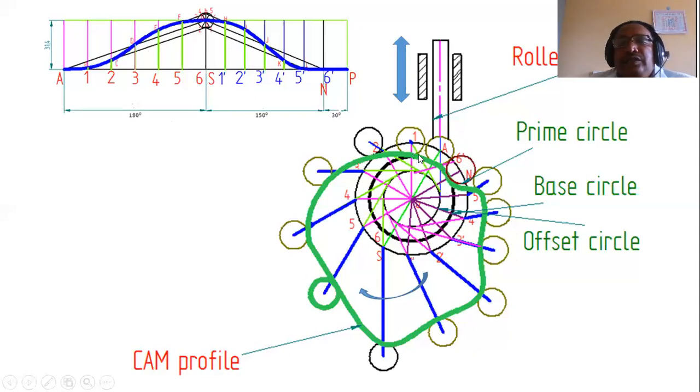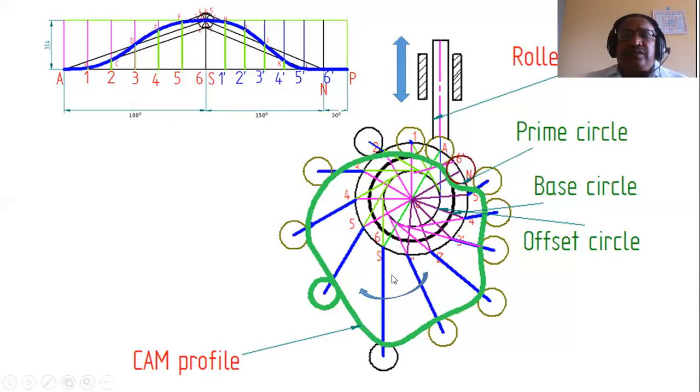Then tangent to these circles, from here, draw the curve. All the lines which are drawn from here are drawn freehand, and this curve is tangent to the roller, and complete this cam profile.